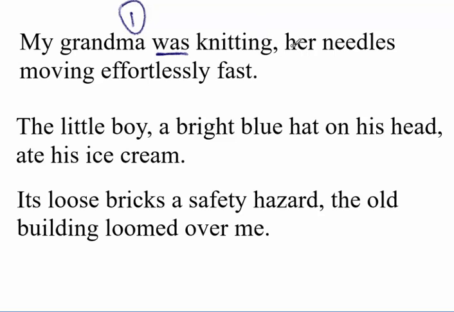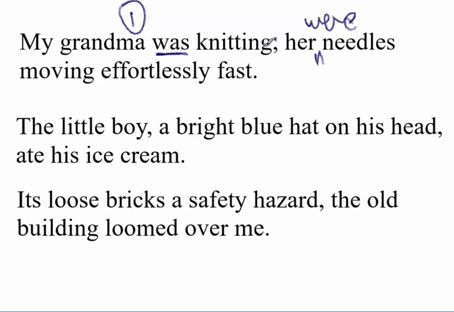And then we added on her needles moving effortlessly fast. That's our absolute phrase that we've added on as a free modifier, okay? You wouldn't be able to do her needles were moving effortlessly fast like this because that's a comma splice. It's two complete sentences joined together. You could put a semicolon if you did that, and then you have two complete sentences, that's fine.